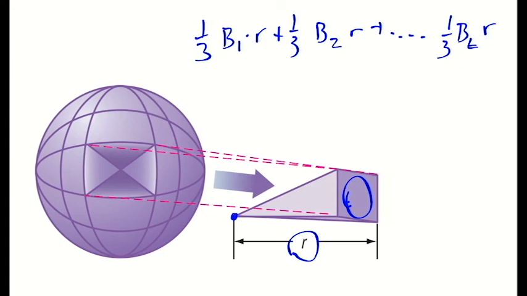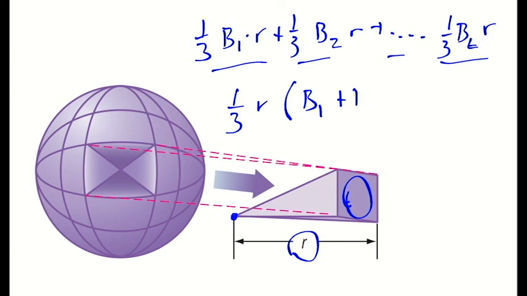Now, algebraically, we can factor out the 1/3 r, because that's common amongst all of these little volume equations for those pyramids. If I take out that 1/3 radius, what that leaves me with is the area at base 1 plus the area at base 2, all the way up until I get the area of the last base.